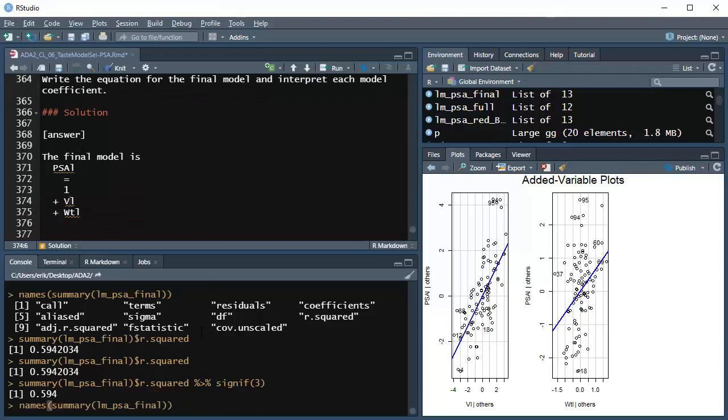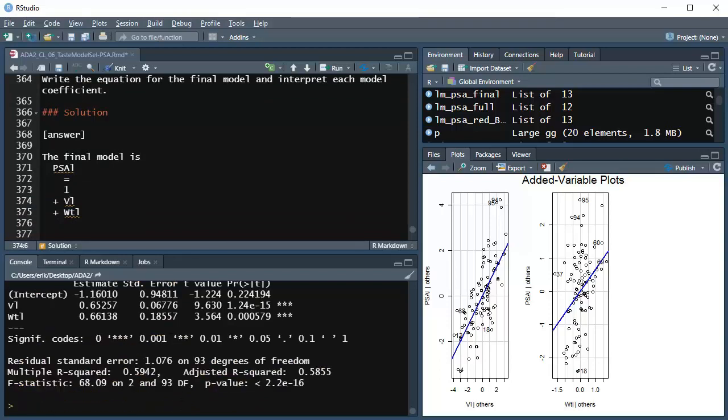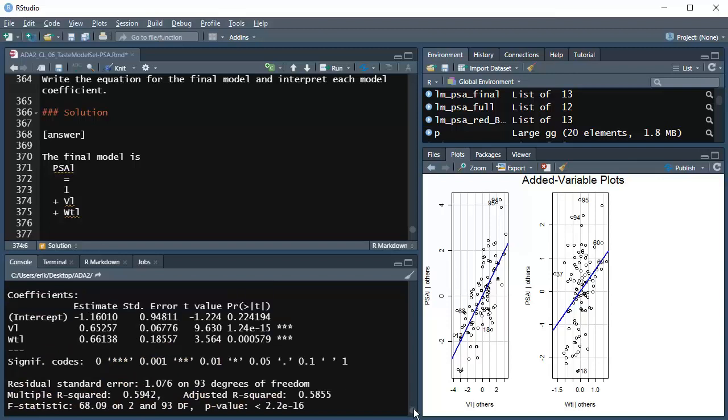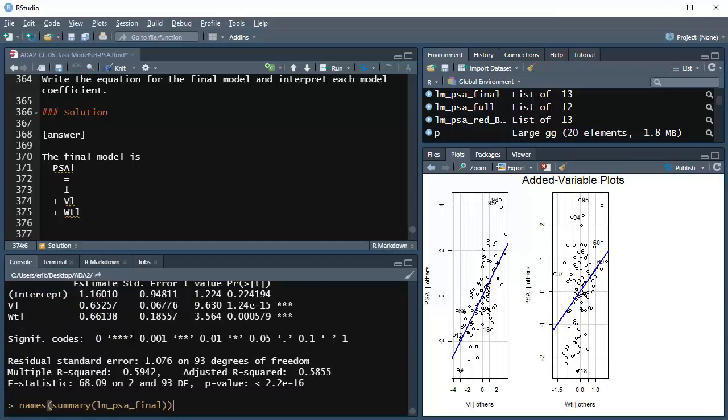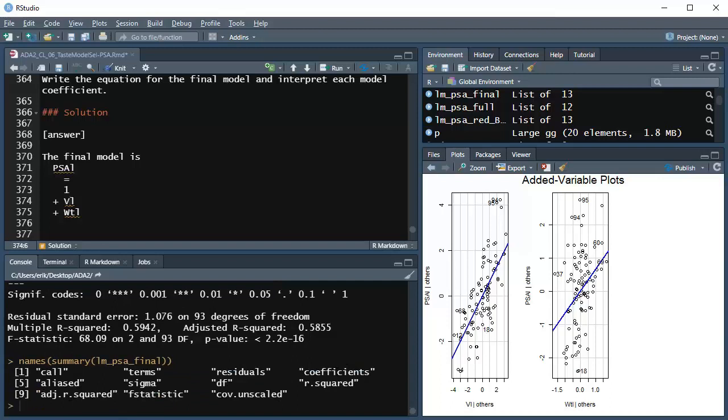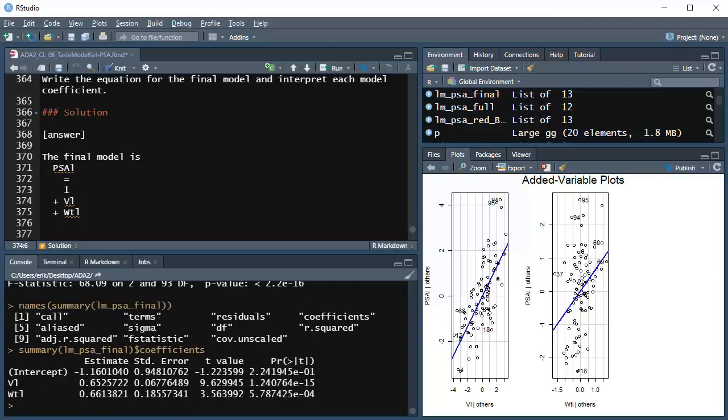So if I go back to the console window in the bottom and look at the summary table, it's this coefficients table that has these estimates. If I again look at the names of this summary object, I have an object called coefficients. So that means I should be able to put a $ sign, coefficients, and get that table.